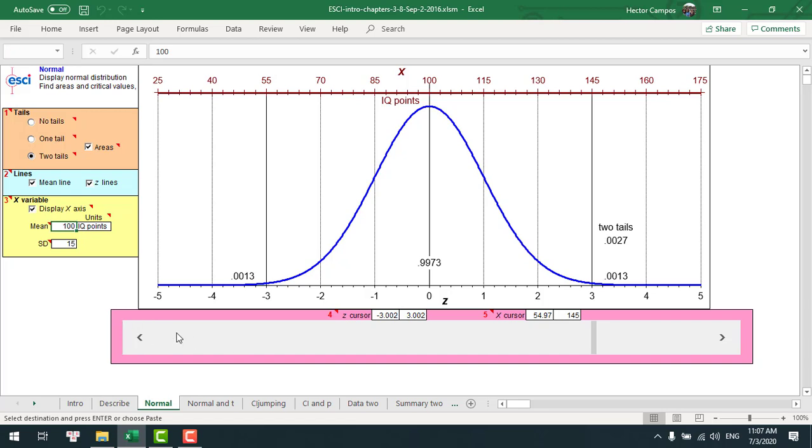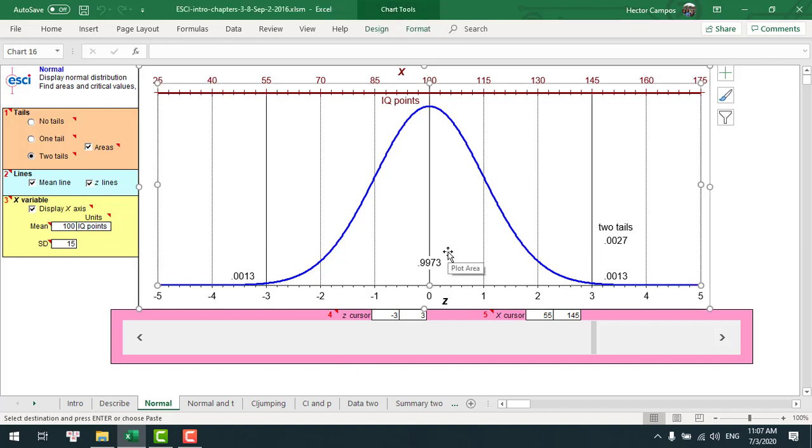Okay, 3. There we go, 3. Then notice that now we have 99.7% of the data here, and then we have 0.0013 or 0.13% outside.